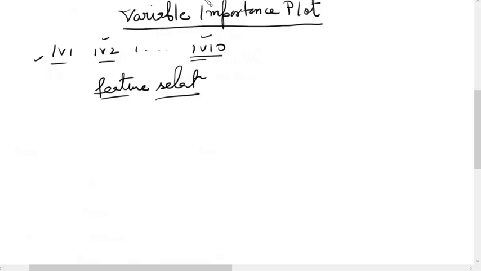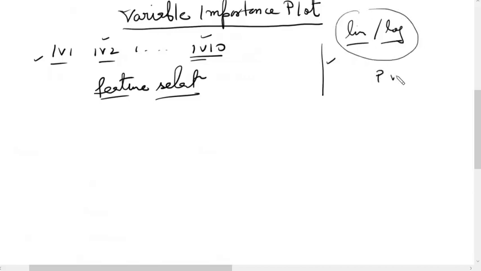We have traditionally seen in linear and logistic regression, if you include too many independent variables, it might lead to overfitting. Now, how do we do feature selection in these models? In these models, we get the p-values.